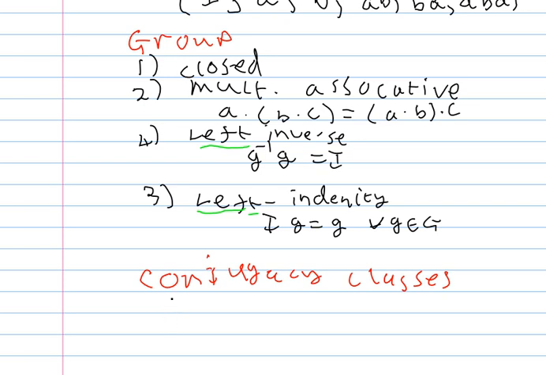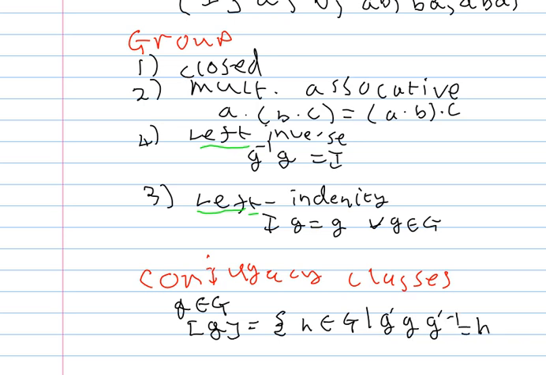So let's take an element G in the group, and the conjugacy class of that is equal to the set of all elements H within the group, given that G' H G'^-1 is equal to G for some G' in the group.